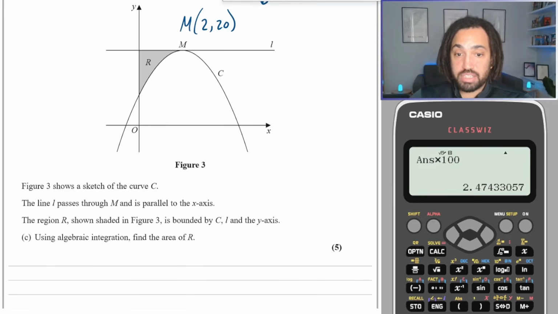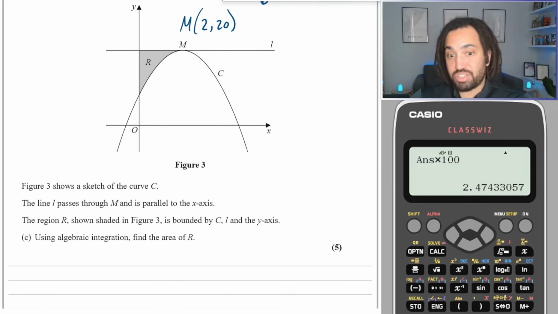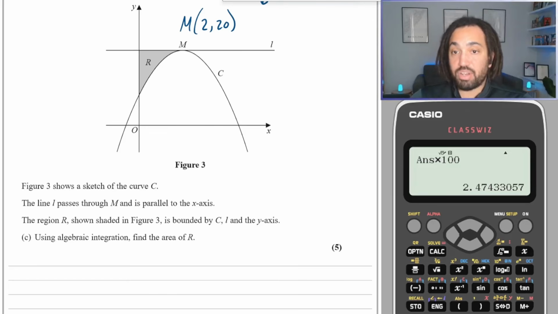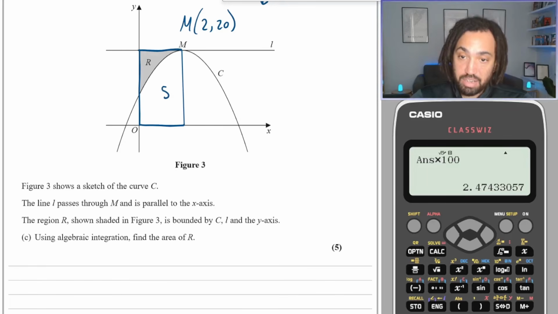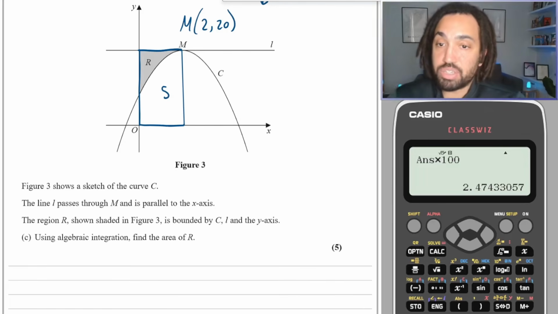Now what we need to do essentially is to find the area of R. So what I'm going to do first off is split this into a rectangle like so. I'm just going to draw the outline of it nice and clearly. I'm going to call this area S, the non-shaded region of the rectangle.